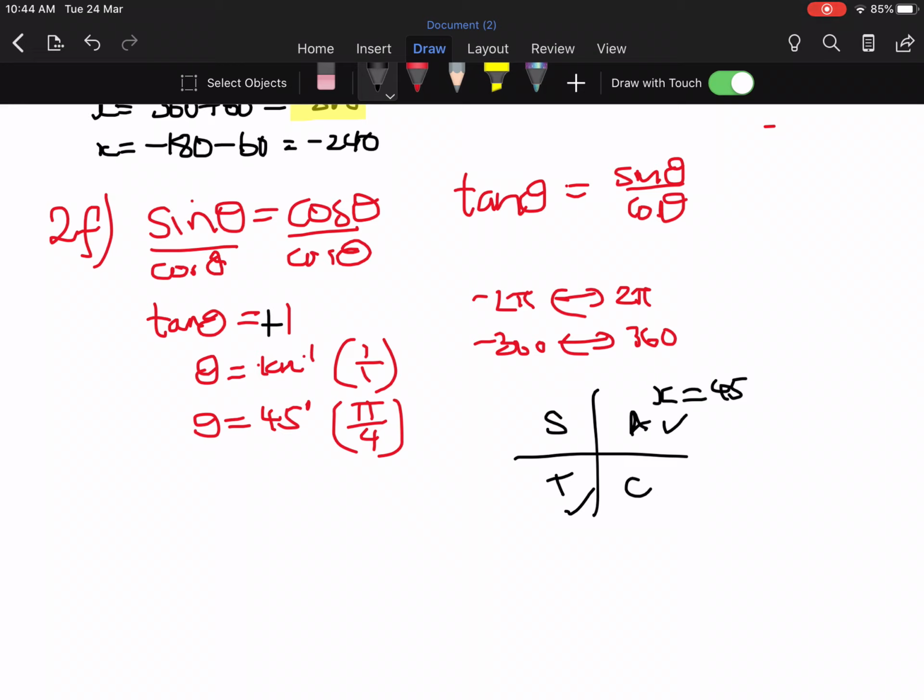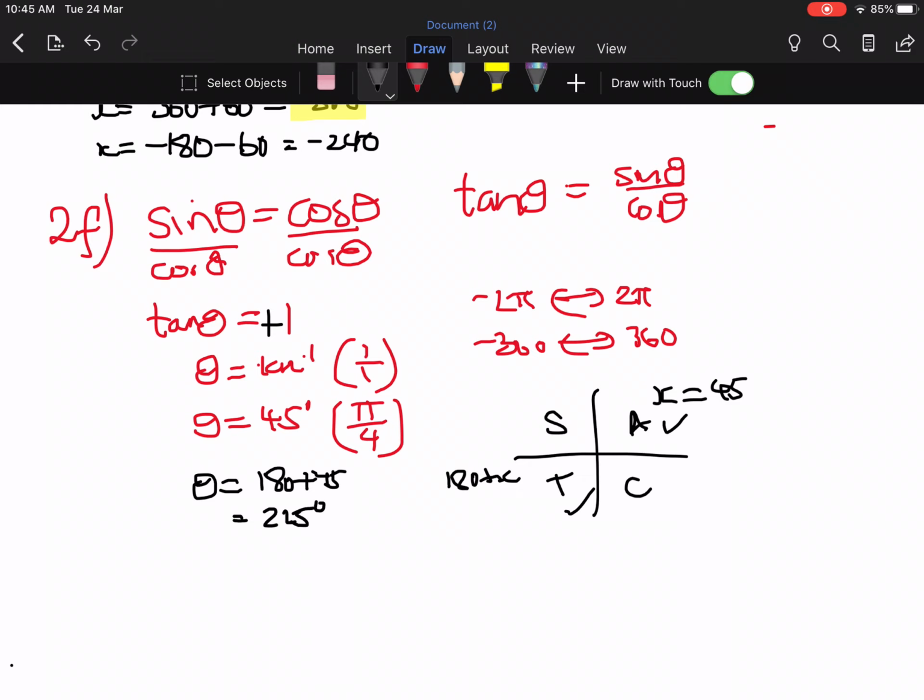And we know that tan is 180 plus X. So we've got theta is equal to 45. And we can also work out the next theta, where theta is equal to 180 plus 45, which gives me 225. So that's me worked out the two positive answers for this.